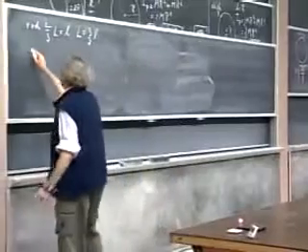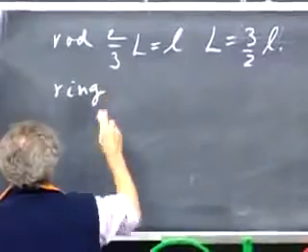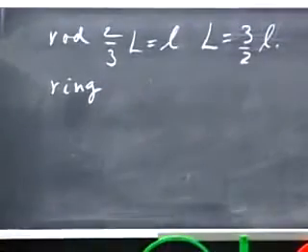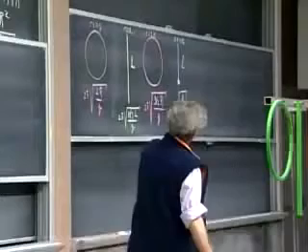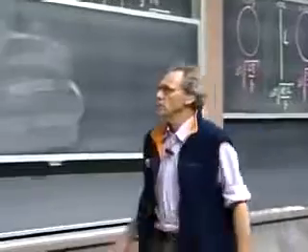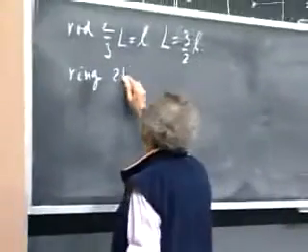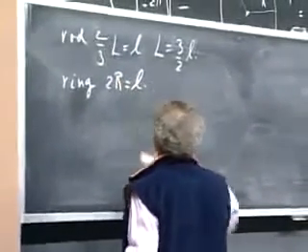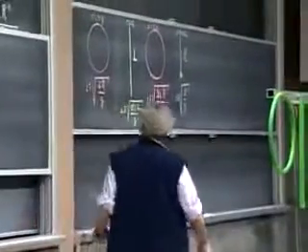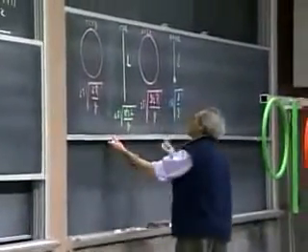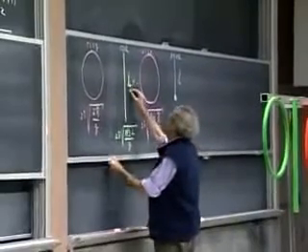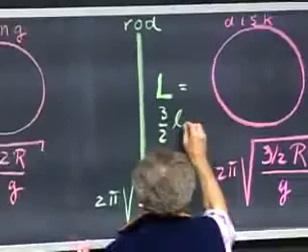Let's now go to the ring. For the ring, to have the same period, 1 second, 2R has to be the same as the length of the pendulum. So 2R equals l. So we can put in here, for L, this has to be 1.5 times l.